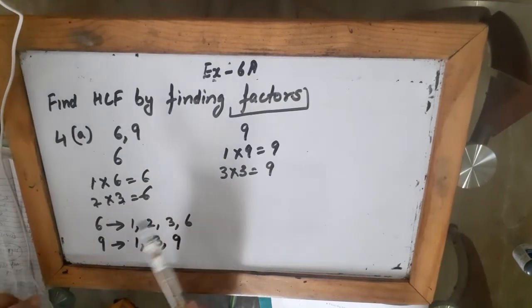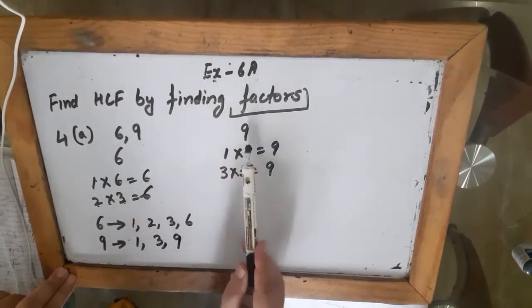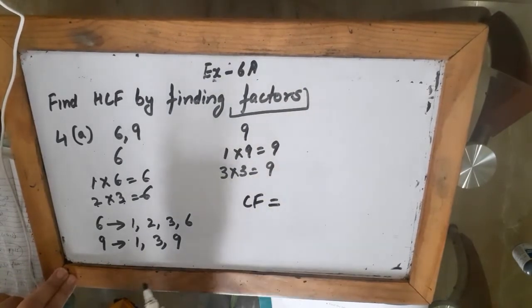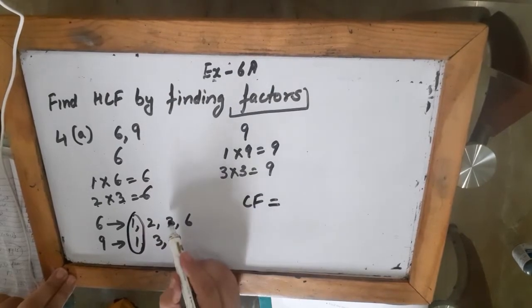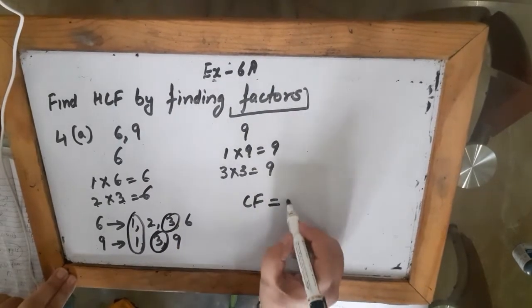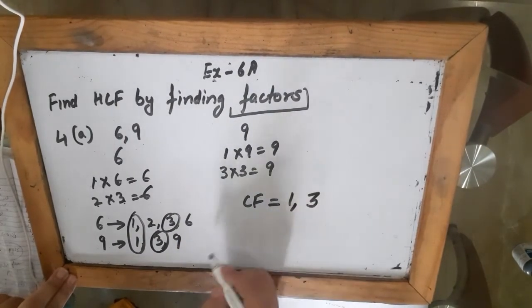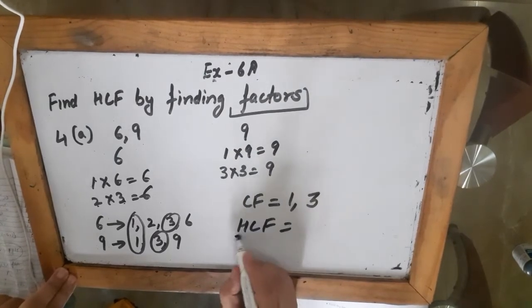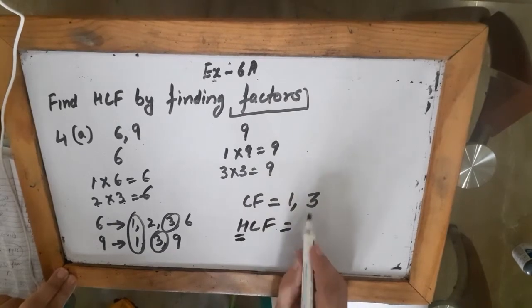So I have found the factors of 6 and 9. Now I have to find the common factors in both of them. So 1 is common and 3 also is common. So 1 and 3 are the common factors, and among these 1 and 3, which is the highest common factor? So 3 is the highest common factor.